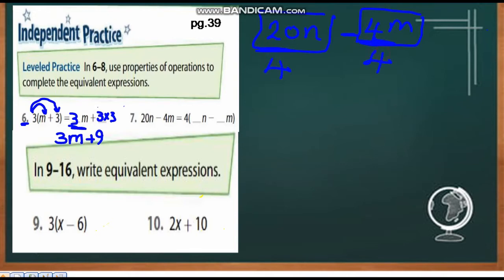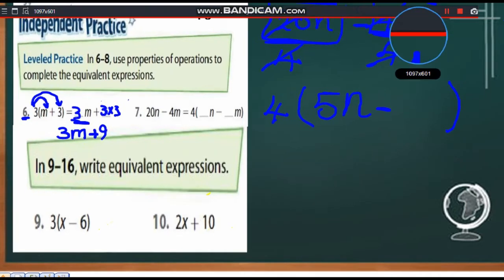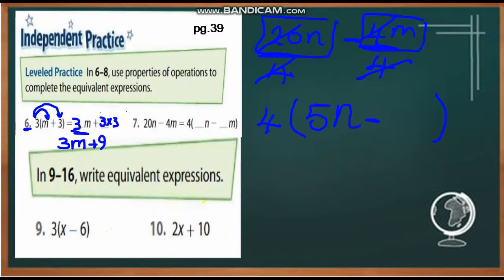Let's take the common factor out, which is 4, open parentheses, 20n divided by 4, 20 divided by 4 equals 5, so it's 5n, minus 4 divided by 4 equals 1, so it's going to be 1m. So here we have 4 times the quantity 5n minus 1m.